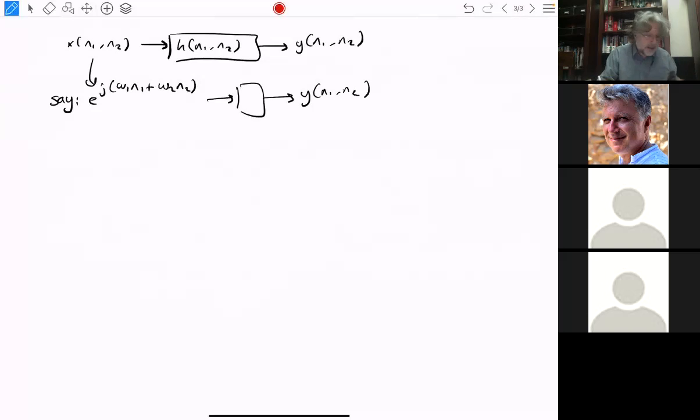Let's find it, and that is by convolution. y of n1, n2 is equal to a double summation because of the convolution in 2 dimensions, if you may remember. For all k1 and k2, e to the j in parentheses, that's a cumbersome operation a little bit because everything is doubled.